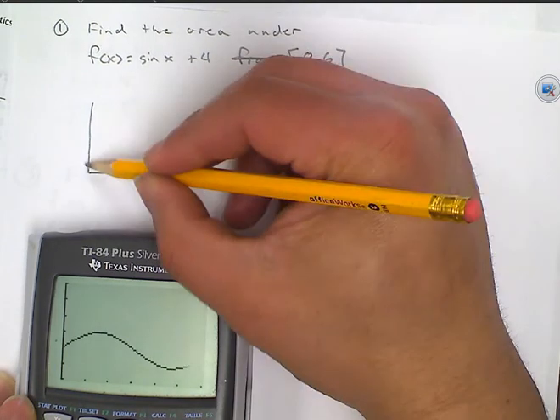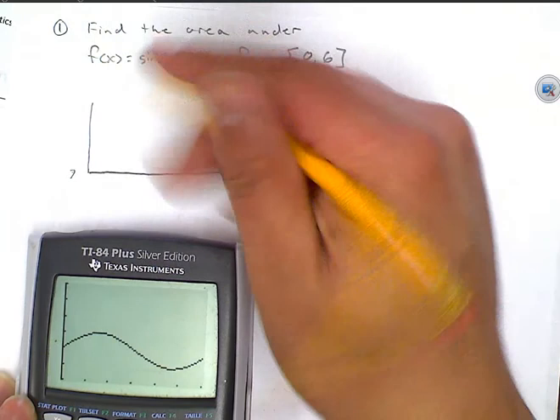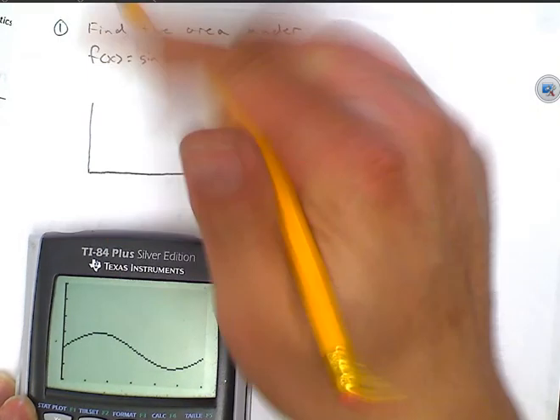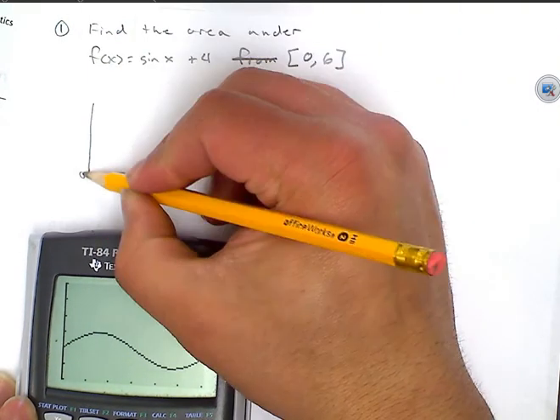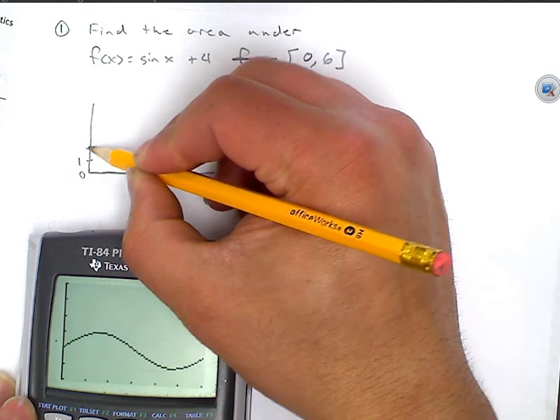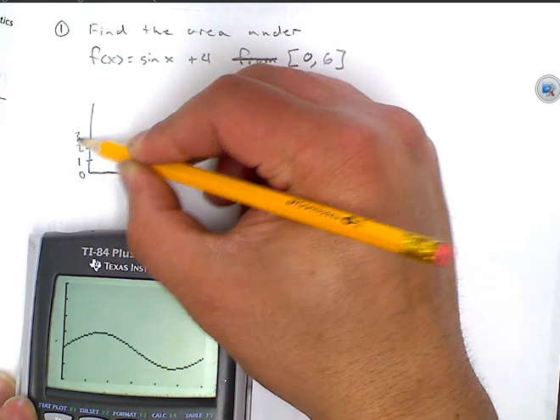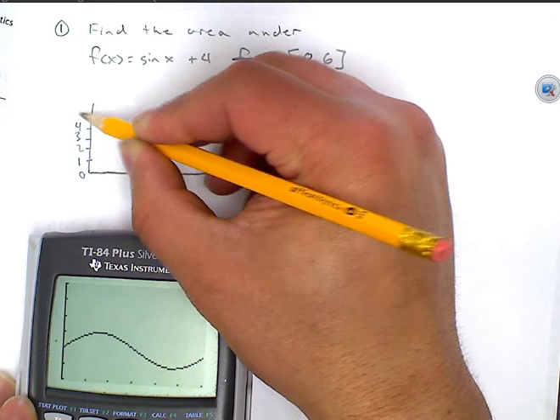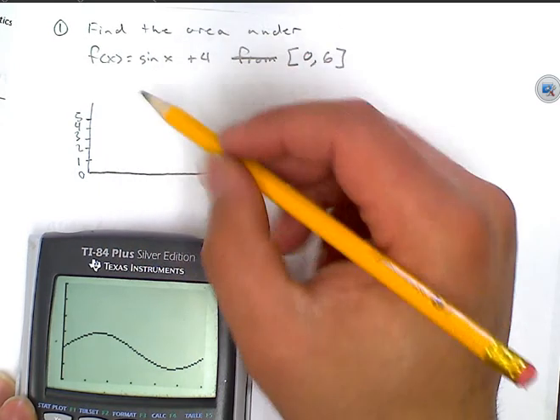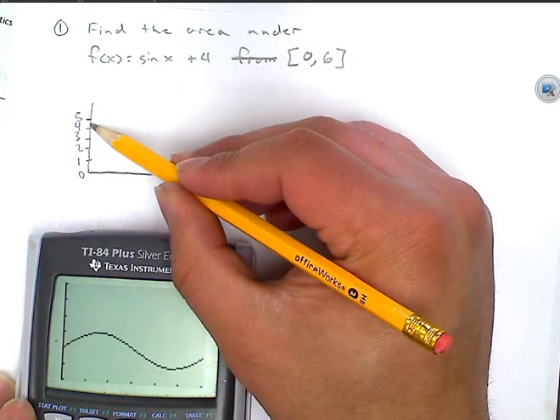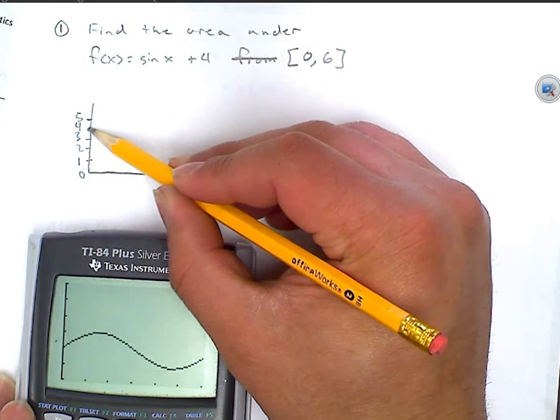So I'm going to go from 0, 1, 2, 3, 4, 5. Okay, then it's sine x plus 4, so it starts at 4 and then it oscillates.